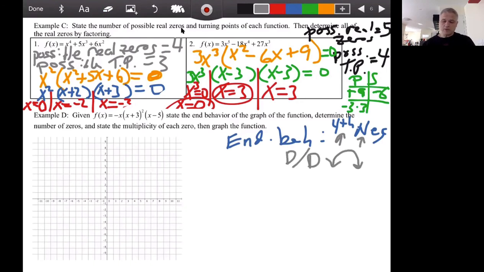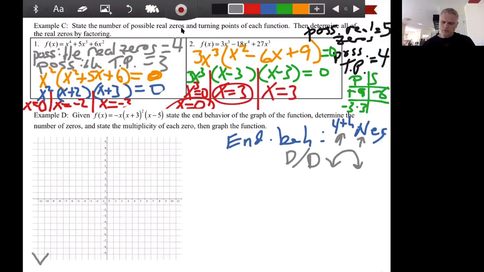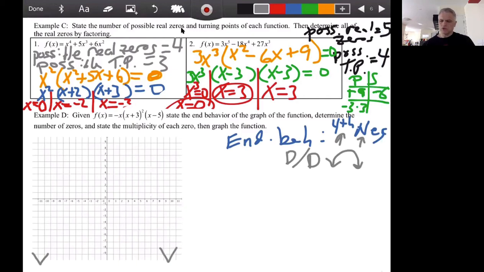So that means I'm going to start down and I'm going to finish down. Okay. So step 1 I did in gray. The end behavior of the graph tells me I'm going down, down to the ends. Now what's in between? Okay. The number of zeros, the multiplicity of each, which we're going to get to, which is fun, and then we're going to graph it freehand.